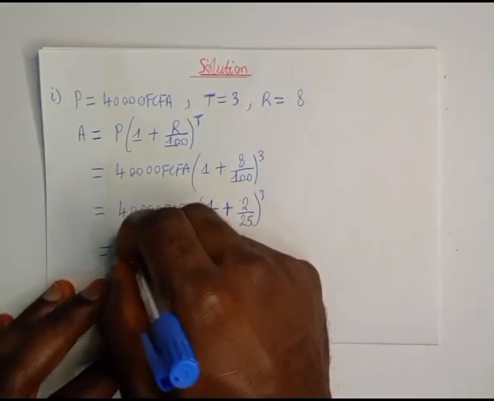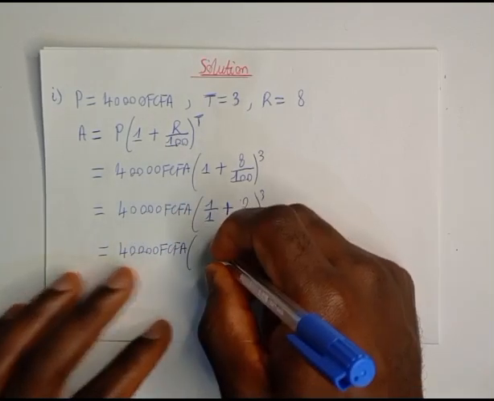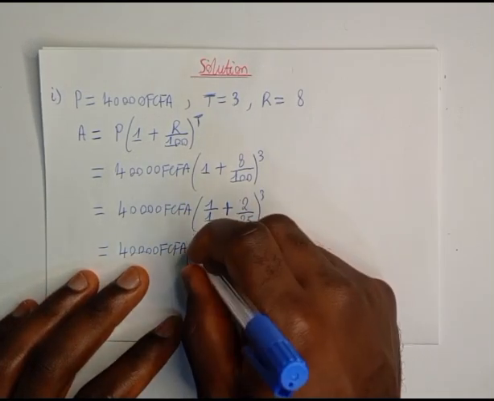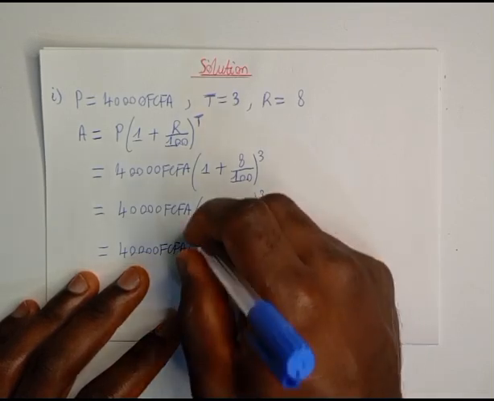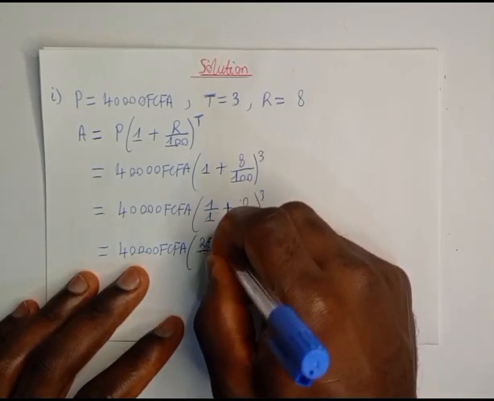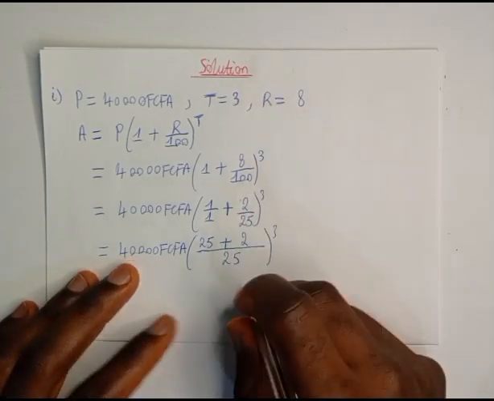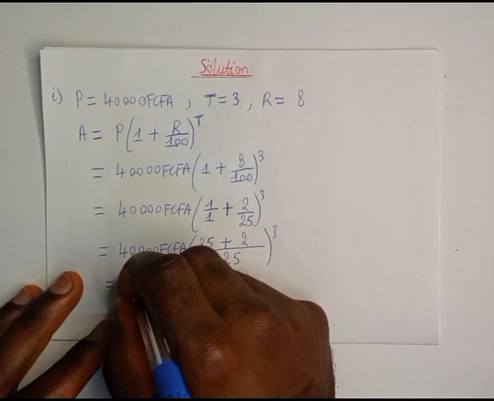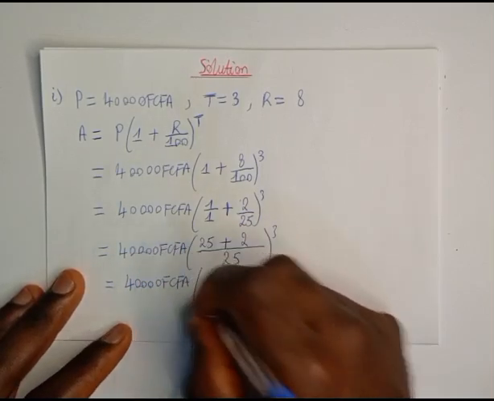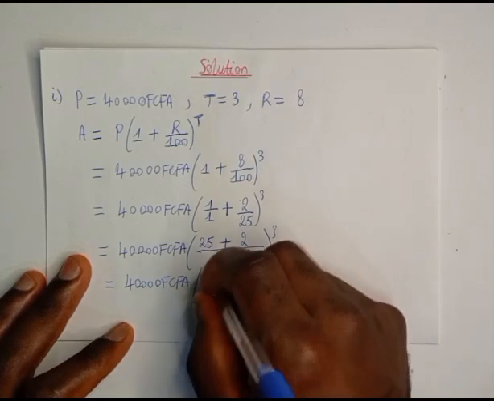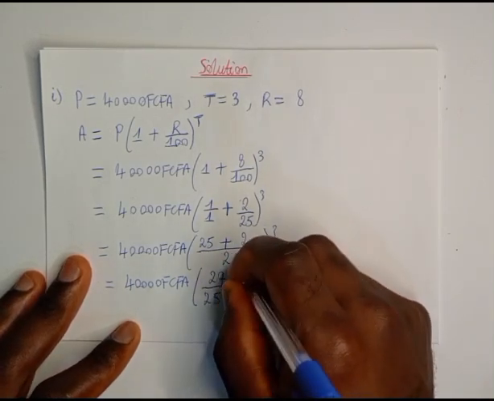This will be equal to 40,000 francs CFA times, the LCM of the denominators is 25. 25 divided by 1 is 25 times 1, 25, plus 25 divided by 25 is 1 times 2, 2. This will be equal to 40,000 francs CFA times 25 plus 2 is 27 all over 25, all this cube.